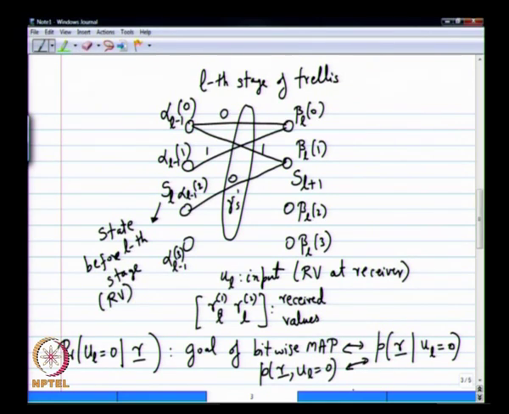So clearly the crucial thing is alpha, beta and gamma, and they are all naturally associated with the trellis. Of course you are also right, there is alpha L on this side also, but then that is for the next stage, valid only for the next stage. I am not going to use that alpha in this stage.